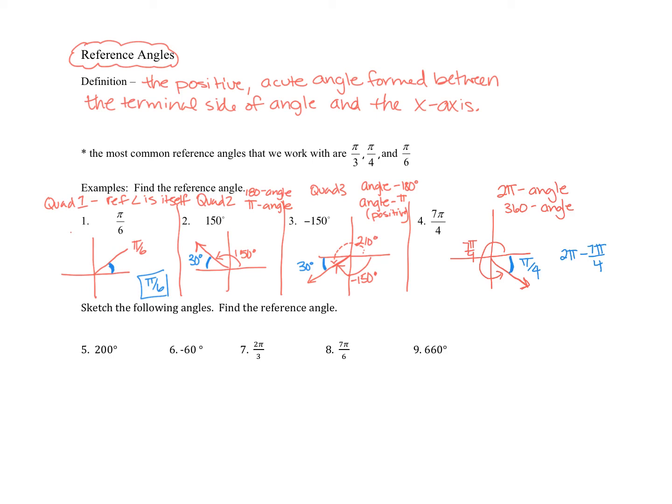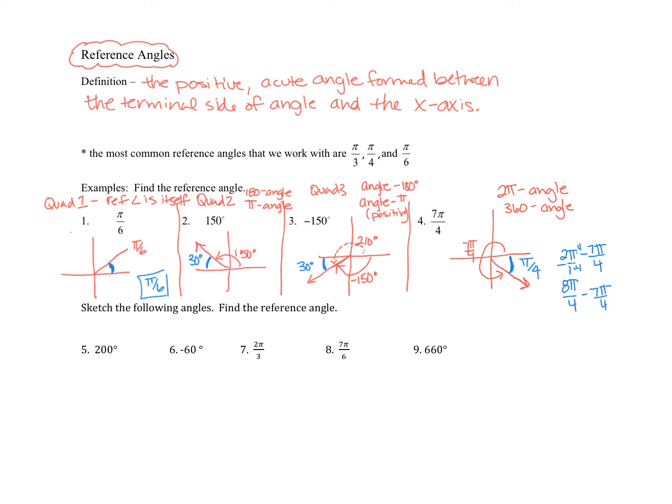Okay, so I can't subtract fractions unless they have common denominators, going all the way back to grade school. Well, this 2 pi is over 1. So a good common denominator for these two could be possibly 4. So I want to rewrite my 2 pi as something over 4. That means I have to multiply my denominator by 4 and my numerator by 4, and I would get 8 pi over 4.